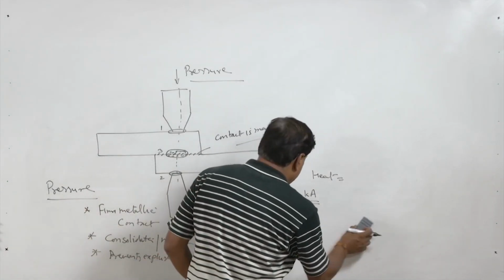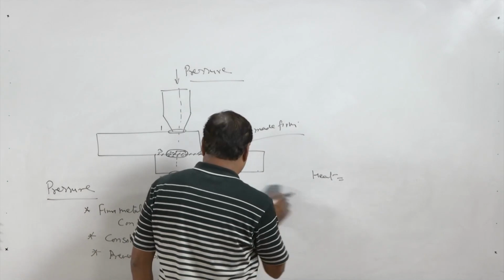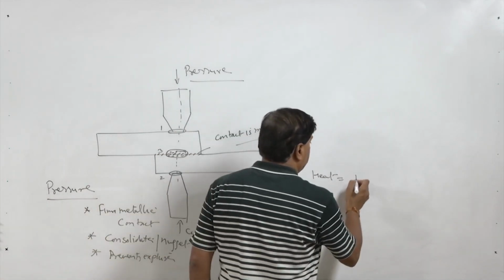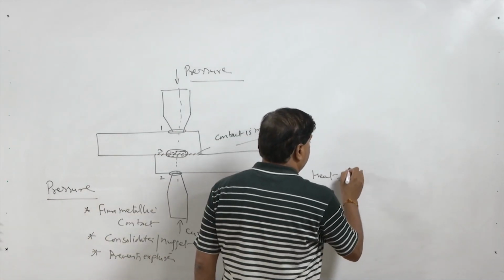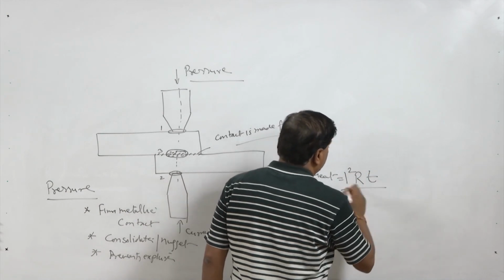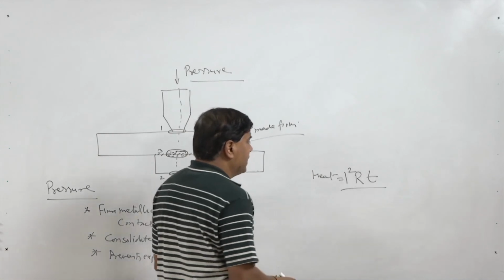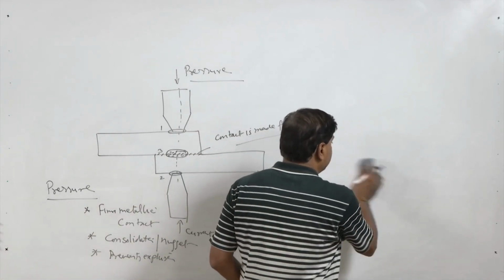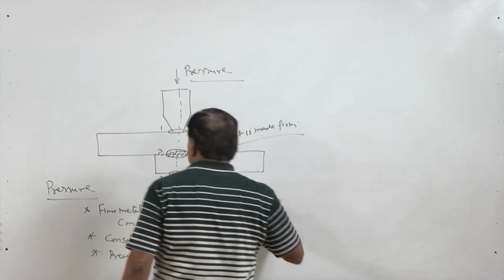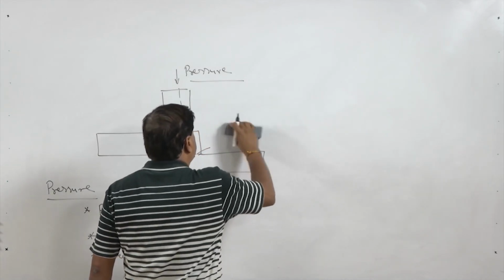The heat generated is obtained through I squared R T, where I is current in amperes, R is contact resistance in ohms, and T is the time in seconds, which gives us the amount of heat being generated.